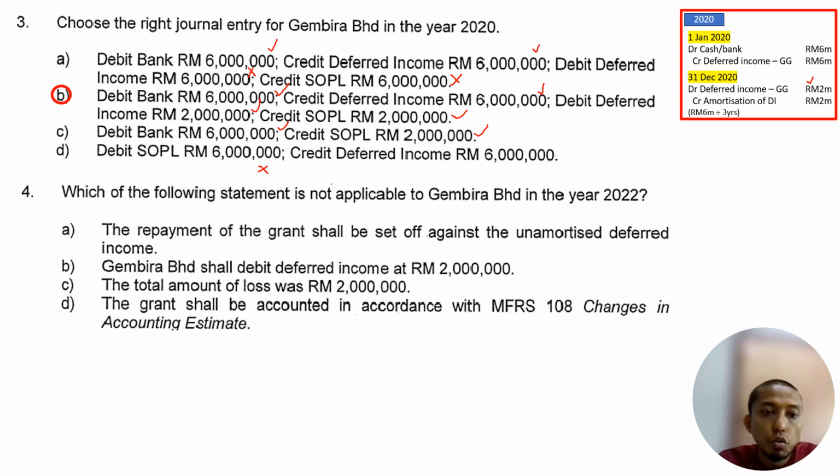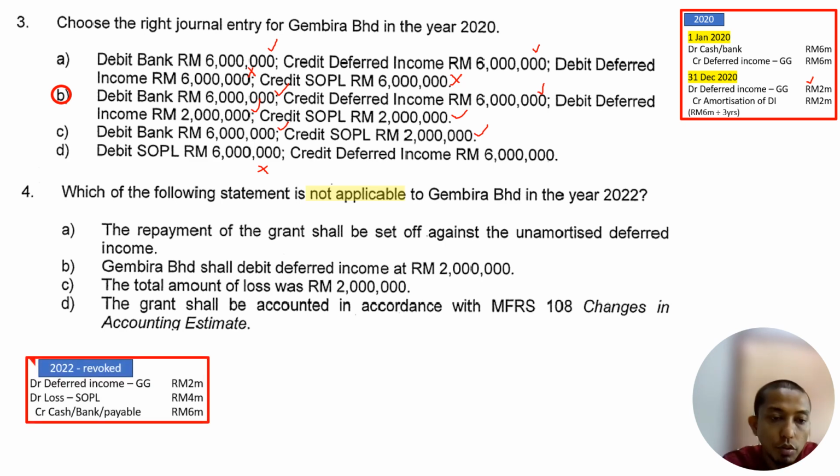All right. So next, which of the following statements is not applicable to Gambira Berhad in year 2022? What happened in year 2022? There is a revoke. How do we do it? Debit deferred income 2 million, debit loss 4 million, and credit cash, bank or payable 6 million. So we see the options.